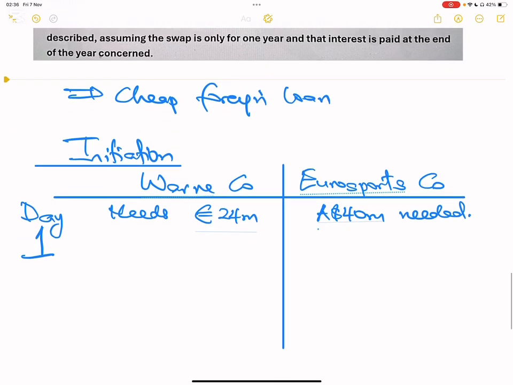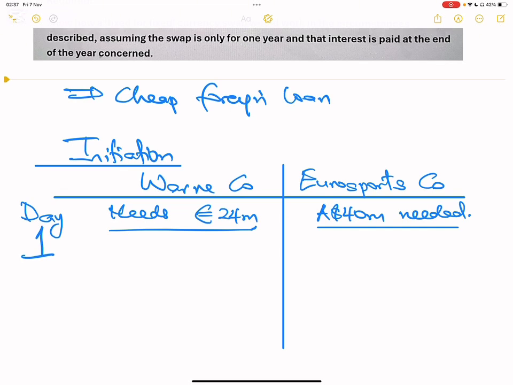He doesn't want to go to Australia to get it because the rate will be 7.2%. This guy too doesn't want to go to Europe to get it himself because if he tries to do that, he will need to pay at 5.6%. Now, they approached each other and they agreed to do a foreign currency swap.